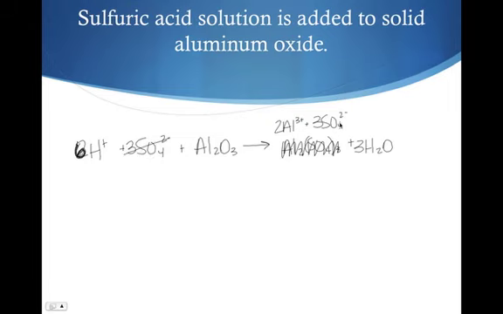And so our sulfate ions become our spectators, and our overall reaction is 6 hydrogen ions plus the aluminum oxide gives us 2 aluminum ions and 3 waters.